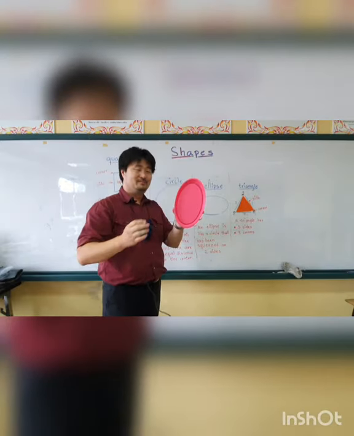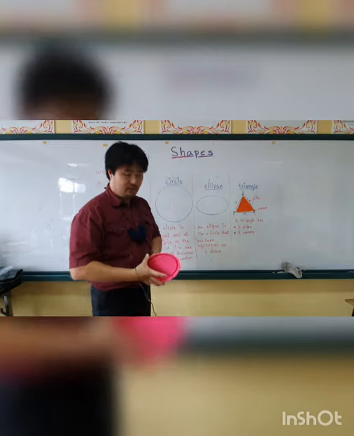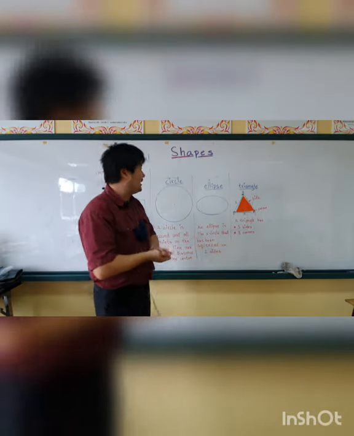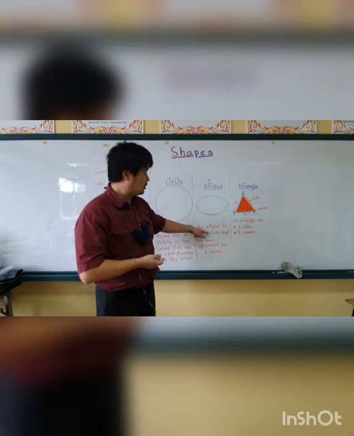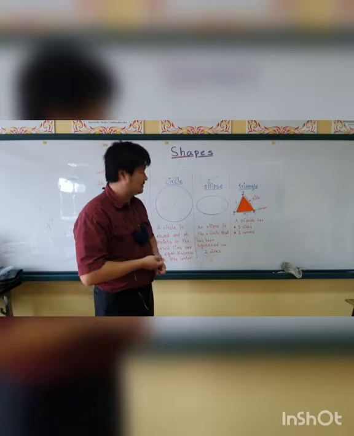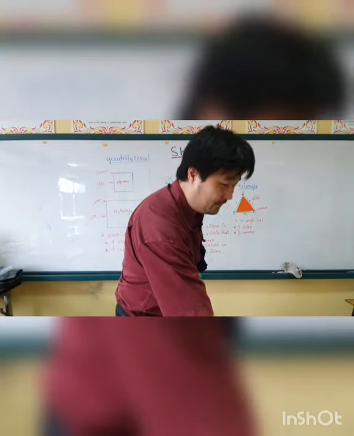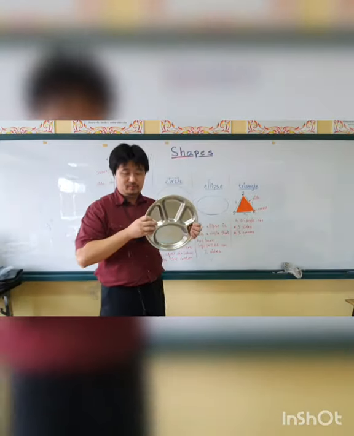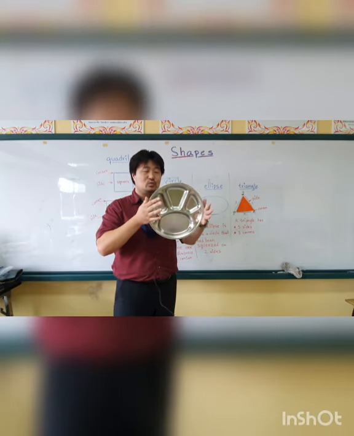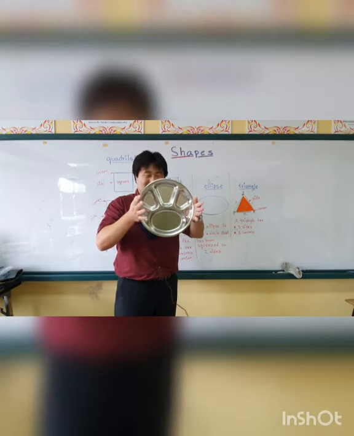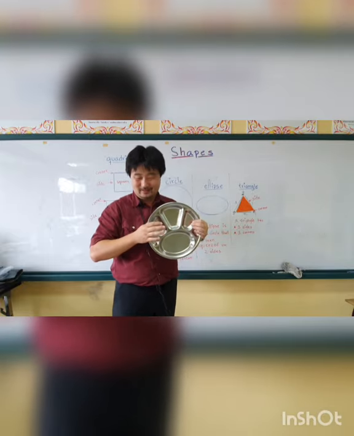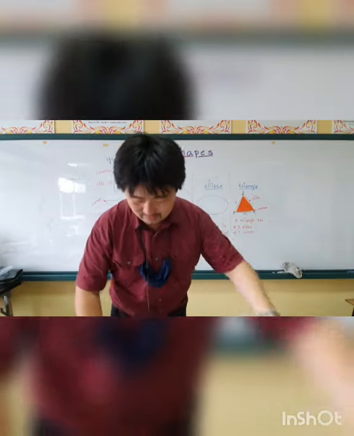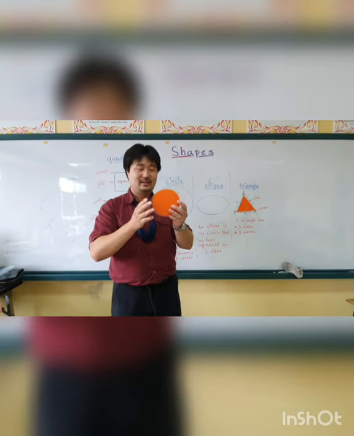The ellipse. Okay? So what is the definition for an ellipse? An ellipse is like a circle that has been squeezed on two sides. So if we take a circle, then it's like it has been squeezed on two sides. I cannot squeeze this metal plate, but let's try another item. Let's try this.